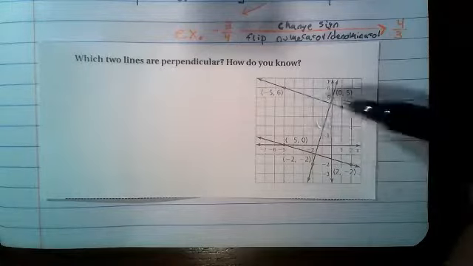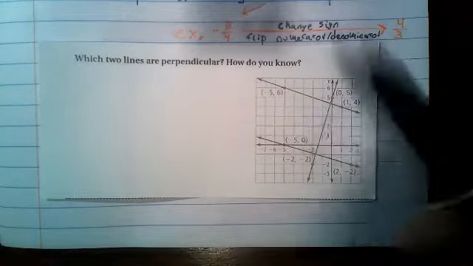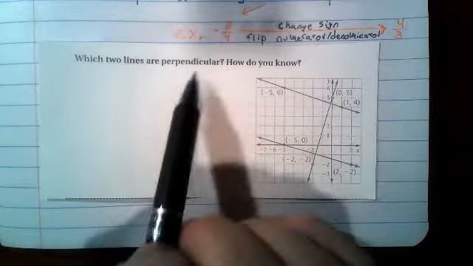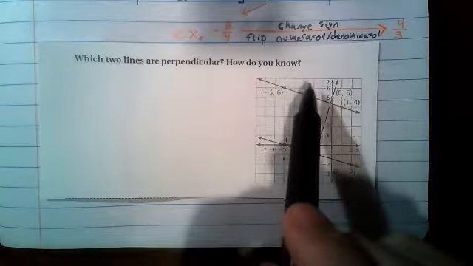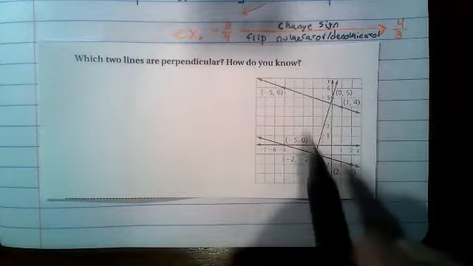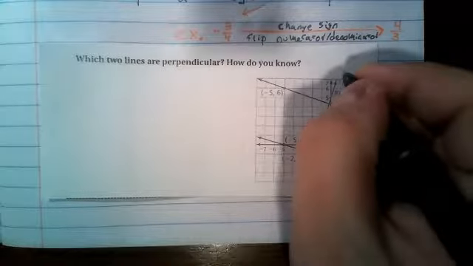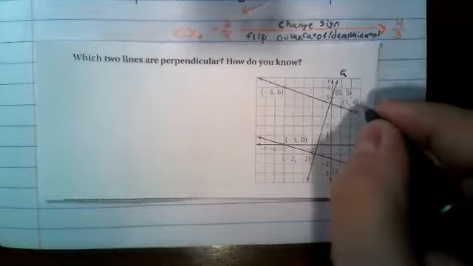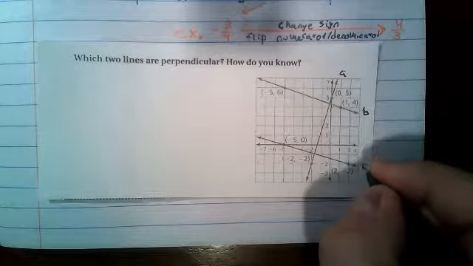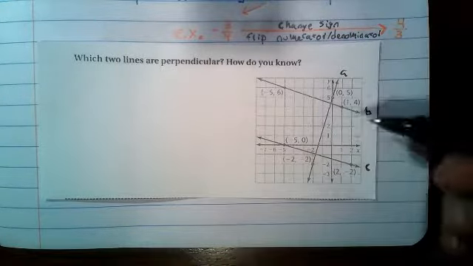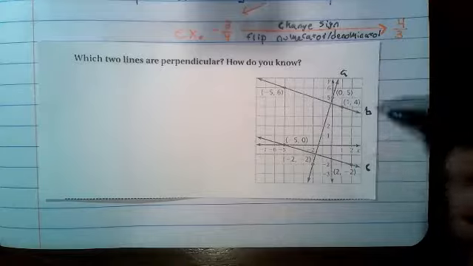So now we're presented with 3 lines, and we're asked which 2 lines are perpendicular. And how do we know? Well, let's label this one A. We'll label this one B, and we'll label this one C. Now I know B and C are not going to be perpendicular to each other.